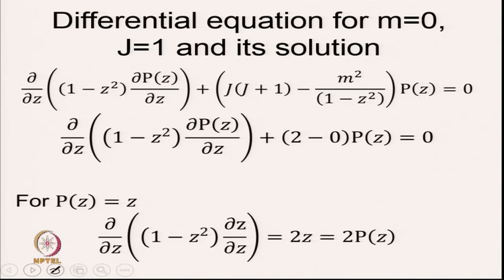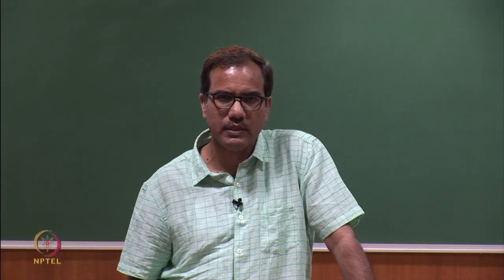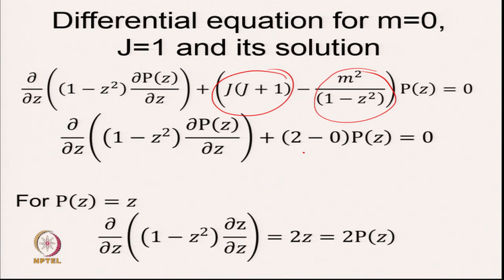If we put m is equal to 0, then this part is going to be 0 and this part is going to be equal to 2. So, j is equal to 1, 1 into 1 plus 1, 2. Now, the solution of this differential equation will be different from the first differential equation. This can be solved if you take p z is equal to z, or p z is equal to z into some constant.